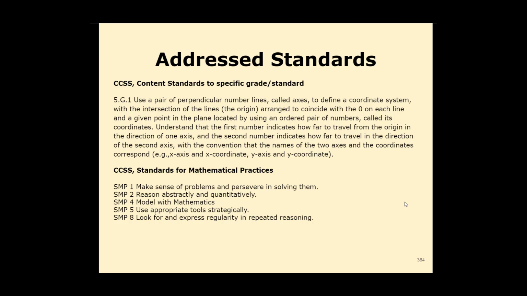Understand that the first number indicates how far to travel from the origin in the direction of one axis, that's the x-axis obviously, and the second number indicates how far to travel in the direction of the second axis, which is the y-axis, with the convention that the names of the two axes and the coordinates correspond. So it's saying that the x-axis and the x-coordinate correspond, and the y-axis and the y-coordinate correspond.